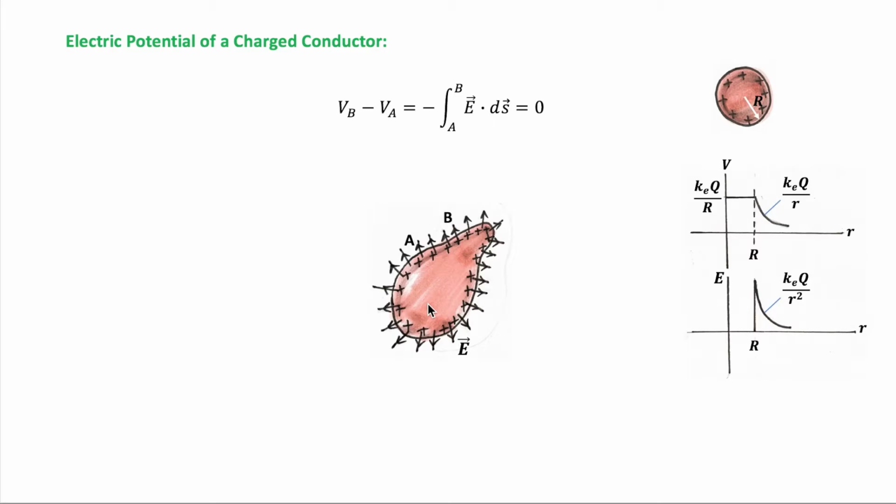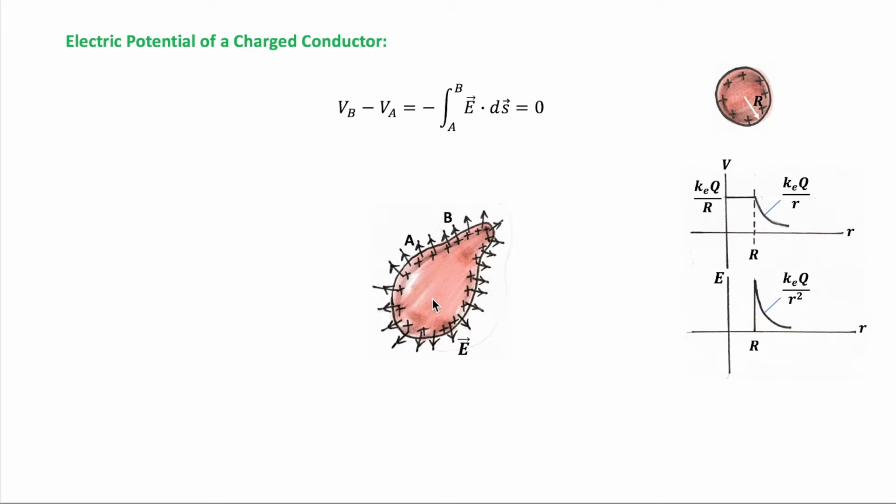So now suppose we have 2 points A and B on the surface of the conductor connected by a path. Since E is perpendicular to ds at each point, then we have E dot ds is equal to 0. And this shows that VB is equal to VA, which means that V is constant over the surface, okay? And so the surface of any charged conductor in electrostatic equilibrium is an equipotential surface.